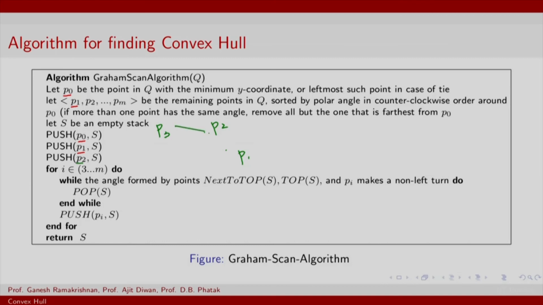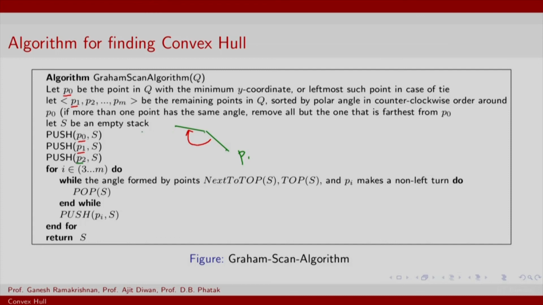Should we include P2 or not? Well, we will include P2 and continue looking at P3 for inclusion if P3 is oriented clockwise from P1 with respect to P2. We are going to now generalize this to not just P1 and P2 but the last two elements of the stack.